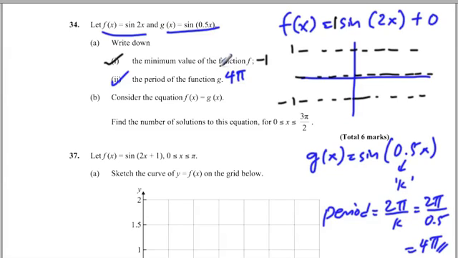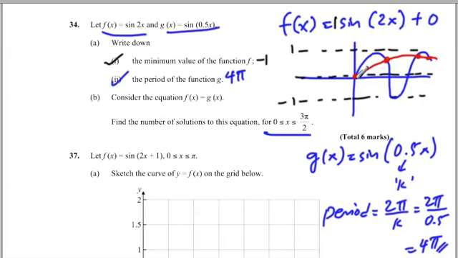Because this says only from 0 to 3 pi over 2, for one function I see something like this, and for the other function I see something like this. So I see that there are 3 intersection points. 1, 2, actually no, there are 4. 1, 2, 3, 4.